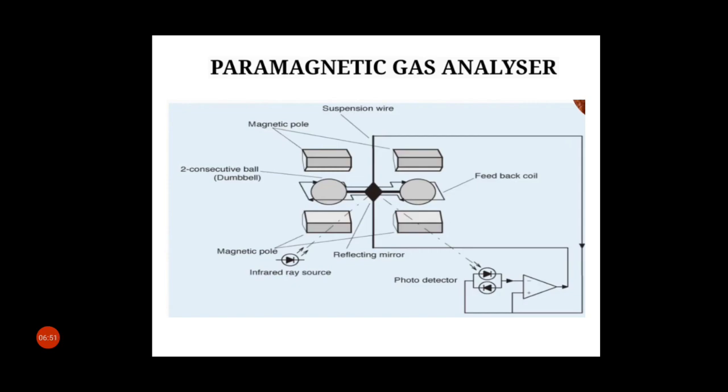When the light falls on the mirror, the photodetector is used to detect the light intensity being produced. So this is the working of the paramagnetic gas analyzer.